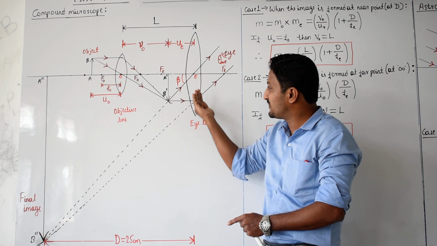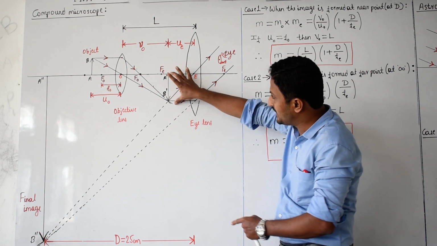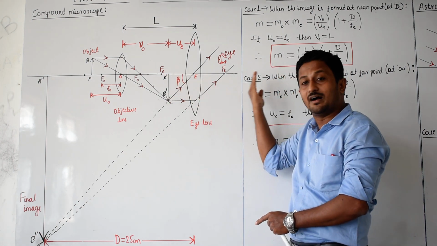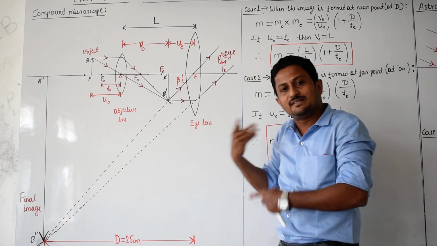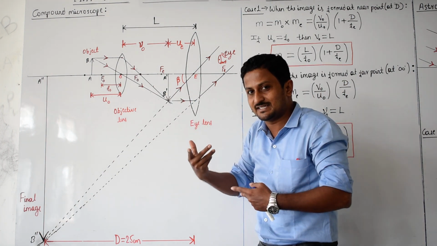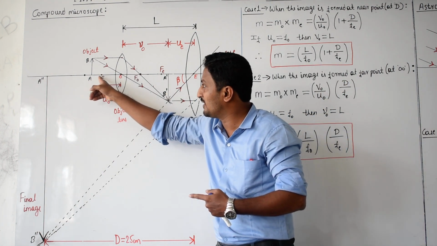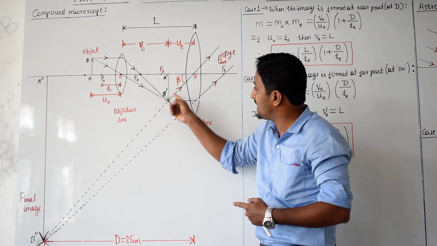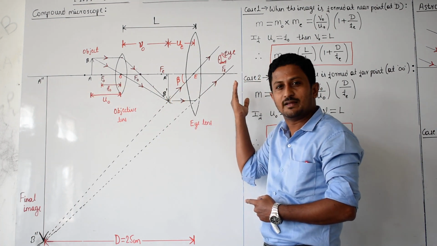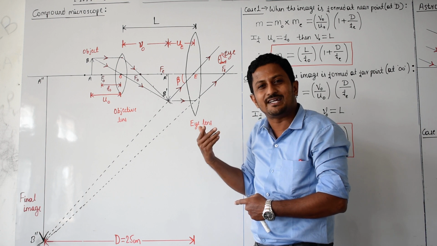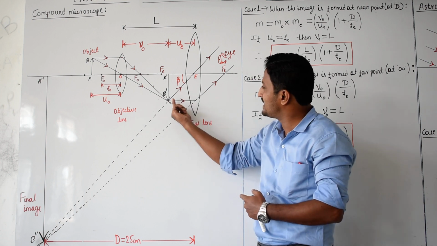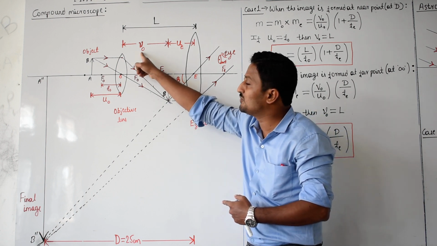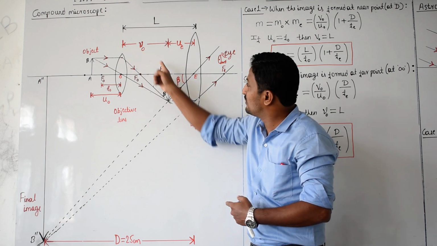It means what? It is shifting here. This image A dash B dash is going away maximum. Think like this: as it shifted to the FO point, this A dash B dash is going away, to the maximum possibility here. We have to treat then that VO. VO means what?